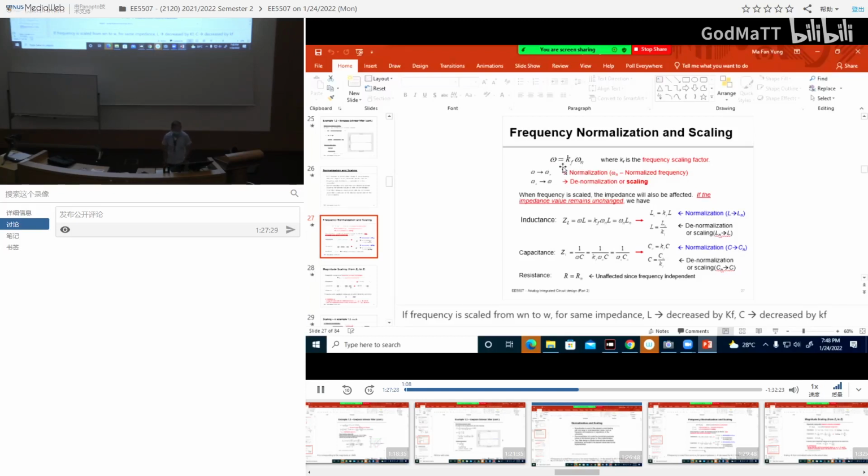When you move from omega to omega n, it's called normalization, because n means normalized. And when we move from the normalized omega n to the real omega, we call it denormalization or scaling. Later on, when we look at the example, it will become clearer.